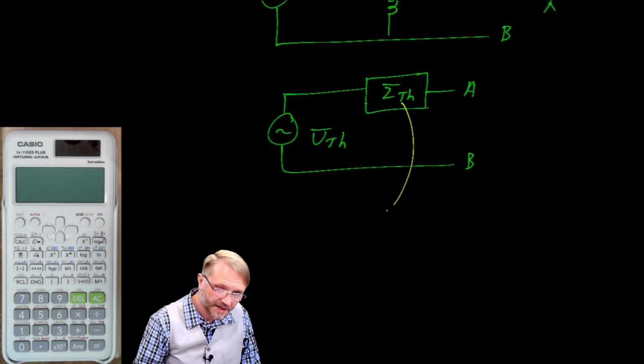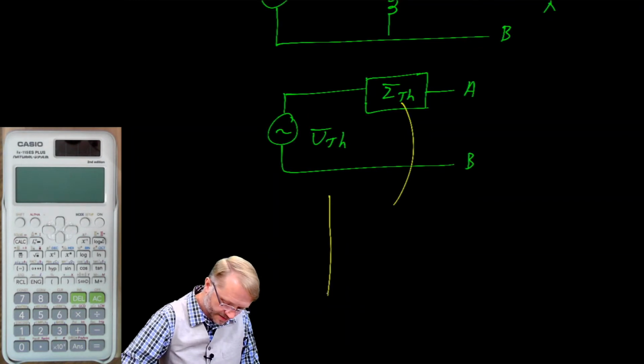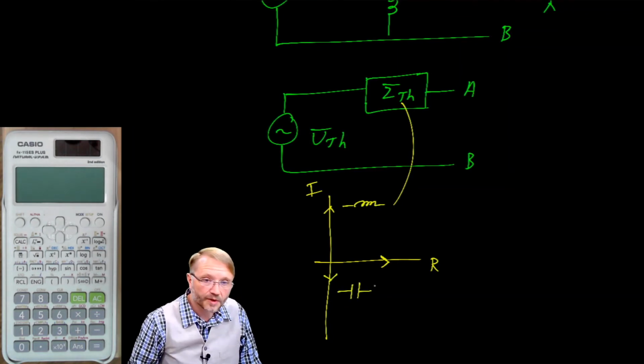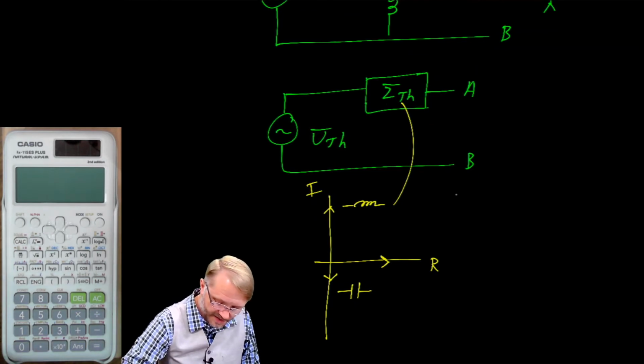Something to keep in mind about this Thevenin impedance. Suppose you had some resistance, you had a fair amount of inductance, and you had a small amount of capacitance. When you were done, the Thevenin impedance of this circuit would be a resistor in series with an inductor.